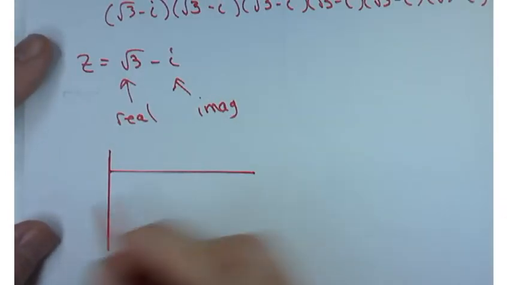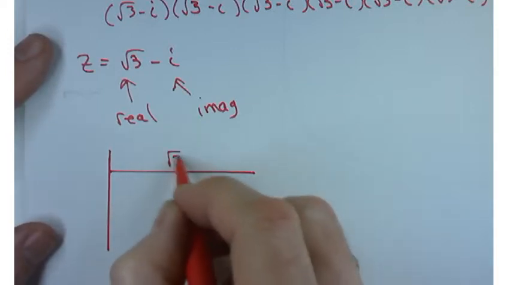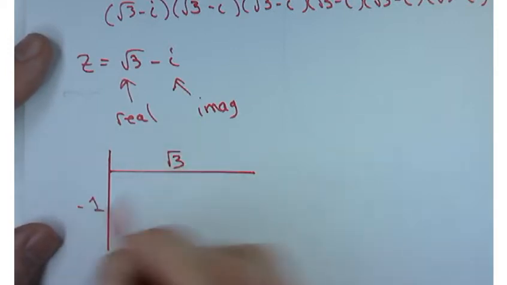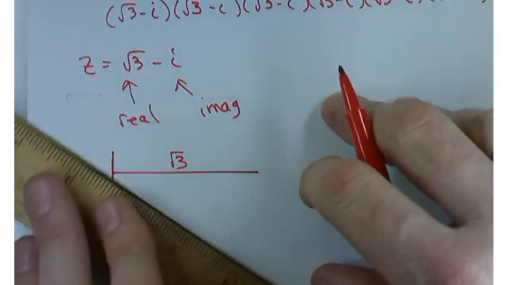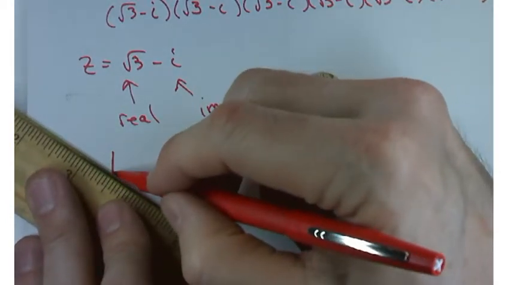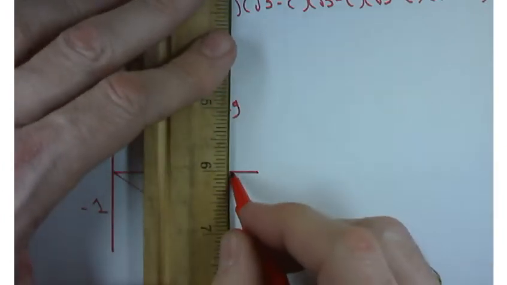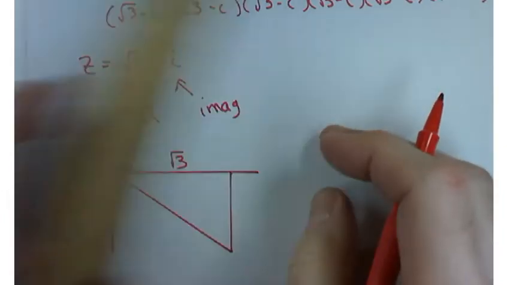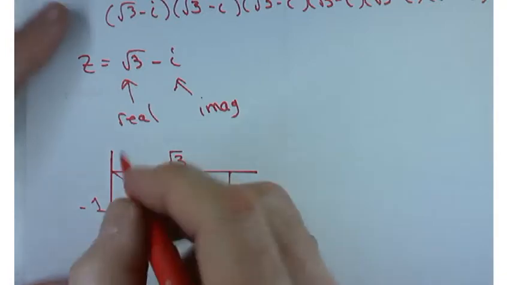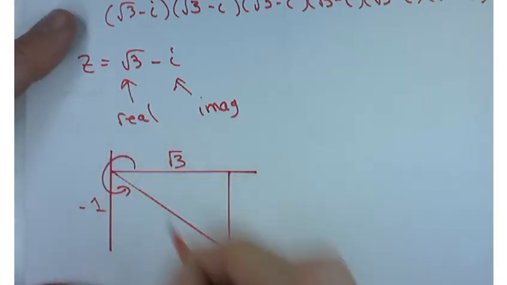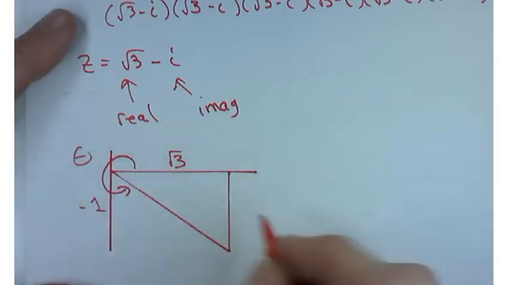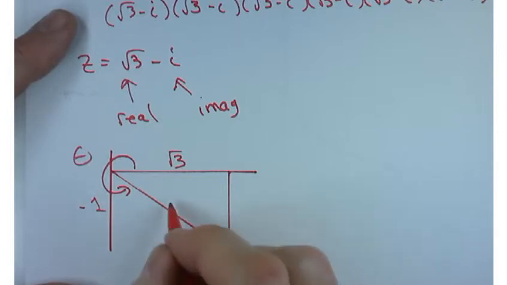So this side is going to have length square root of 3. This side is going to have length 1. When you draw your triangles, make sure that the hypotenuse is connected to the x-axis. We never connect it to the y-axis. There's two things I need to know. I need to know theta, and I need to know r.